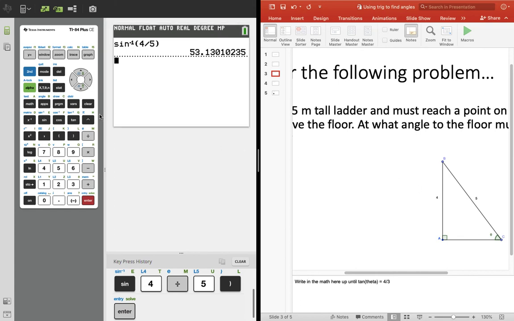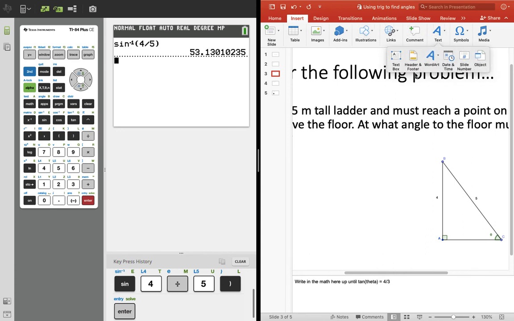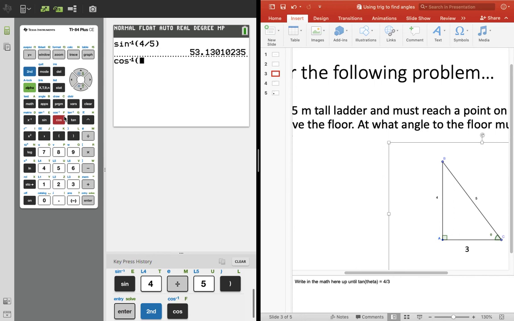If you knew what the cosine was, let's say, okay, well, we know in this triangle, let me insert a text box here, the adjacent side is 3. You could also say, okay, I know that the cosine is 3 over 5.